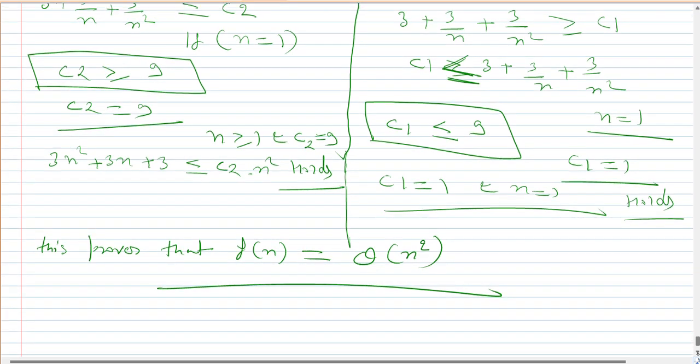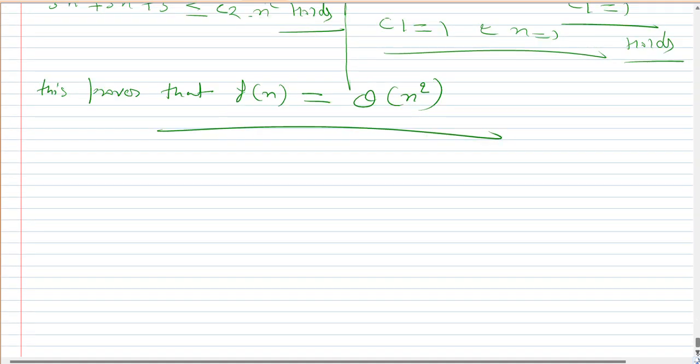So before closing, let me summarize what we have covered so far. Basically in this chapter we have covered the asymptotic notations. Asymptotic notations are mathematical notations used to describe the running time of an algorithm.